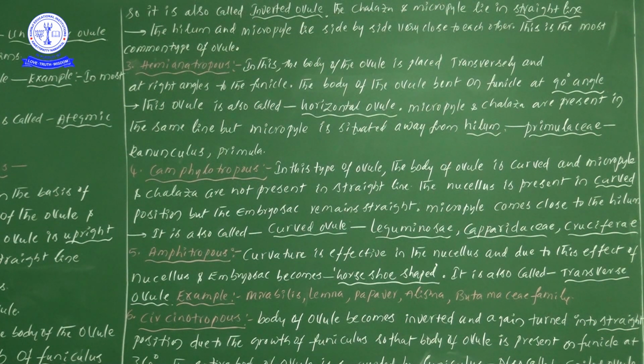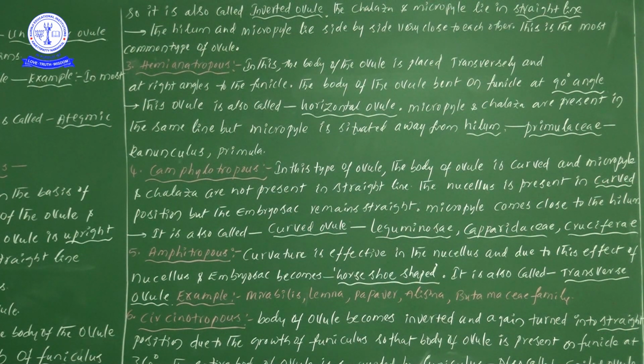The nucellus is curved, but the position of the embryo sac remains straight. There is no change in the position of the embryo sac.